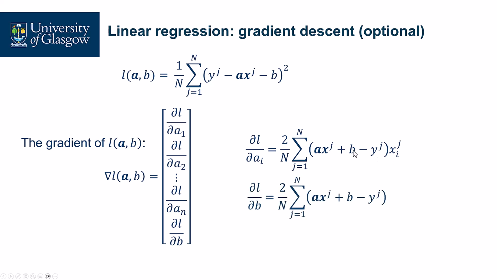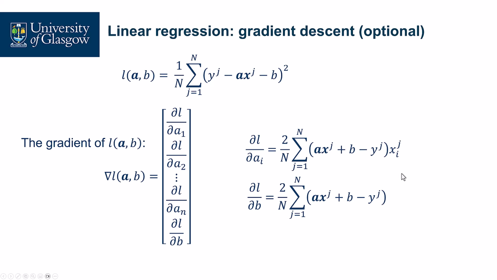If we look at this equation, the x_j and y_j follow the samples, and the i in a_i and x_i refers to the dimensions, so a1 to an, x1 to xn.